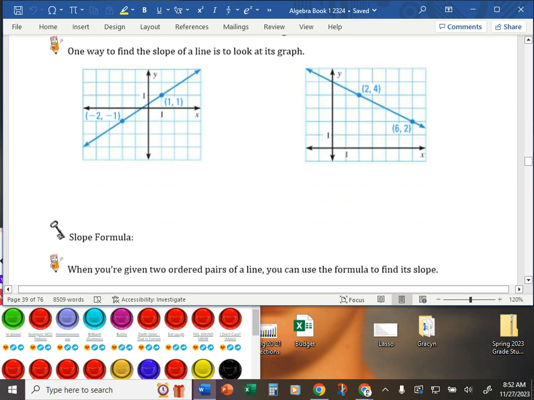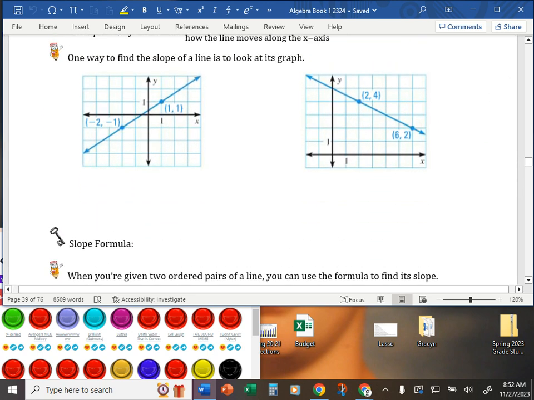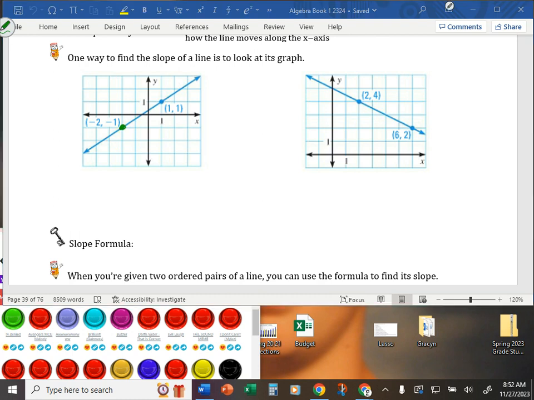So tell me, given a coordinate plane, how do we calculate the slope? What do we look at? Yeah, you just count the distance up and then the distance over. You count the boxes. It's beautiful, right? So you find an ordered pair here, you find another ordered pair here, and you just count how you get from one to the other, going vertically and then horizontally.